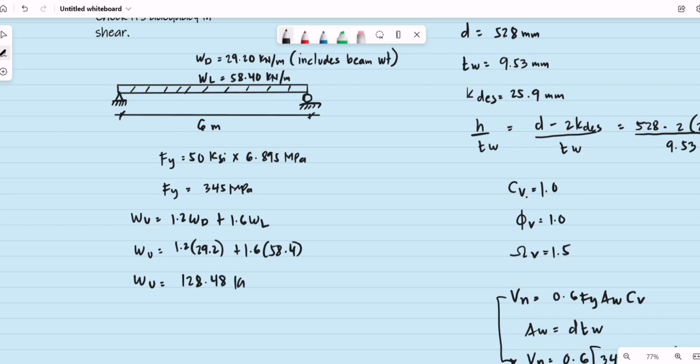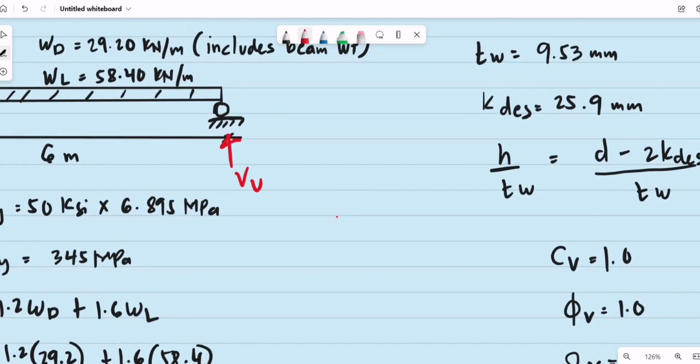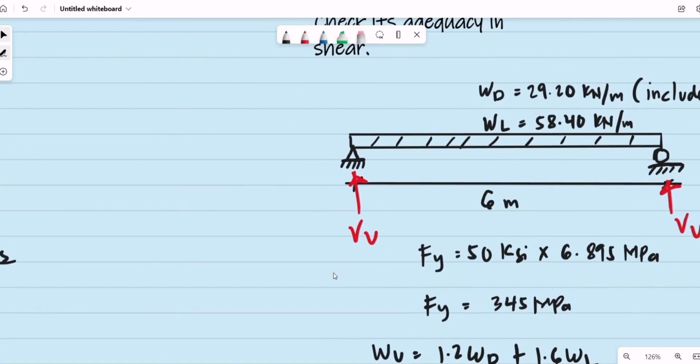128.48 kilonewtons per meter. So how do we compute for the V sub U? Basically, the V sub U will be at the support. Since this is a symmetrical, uniformly distributed loading, the beam is simply supported. What is the equivalent of our ultimate shear? That is the V sub U. It is the ultimate uniform load times the length, divided by 2, and the same with the other side.